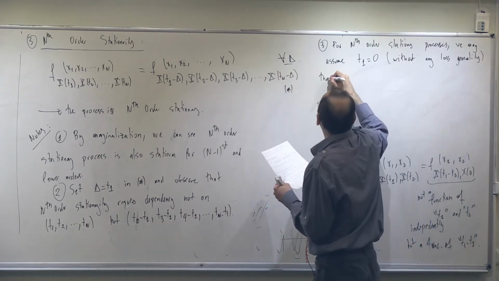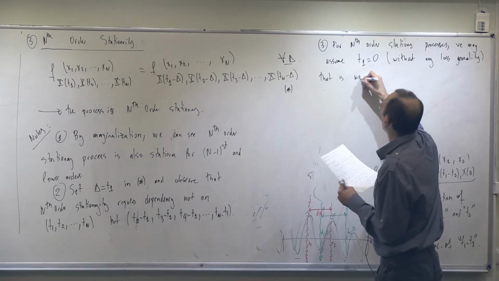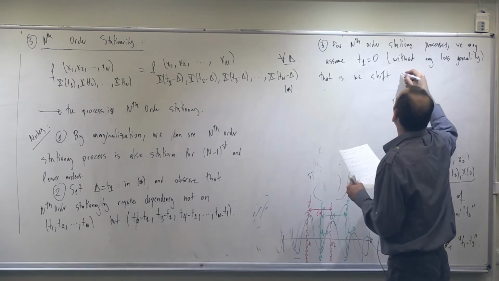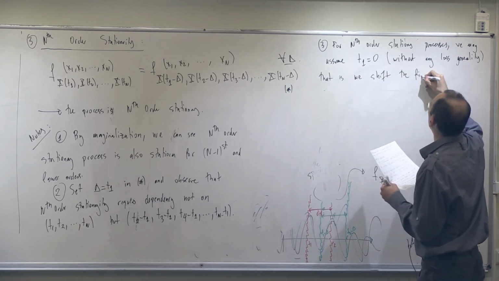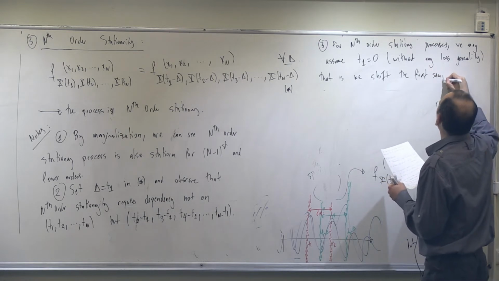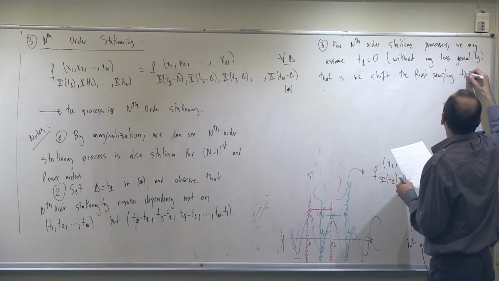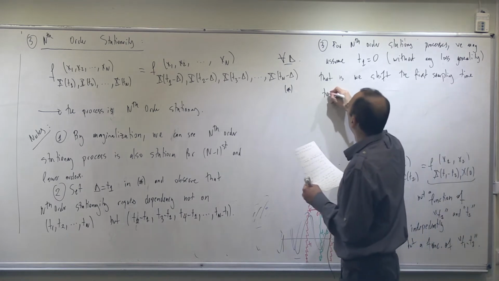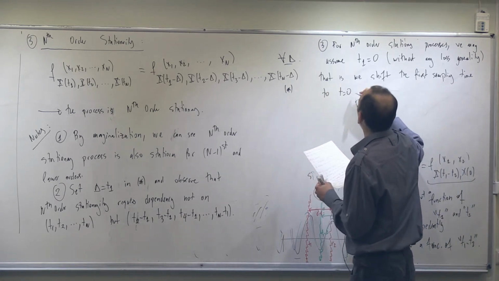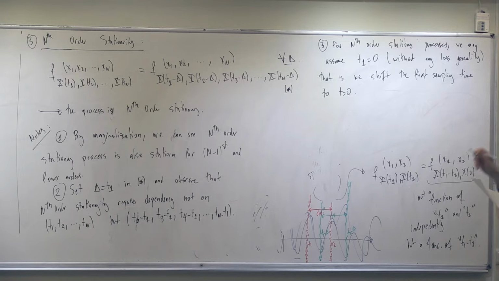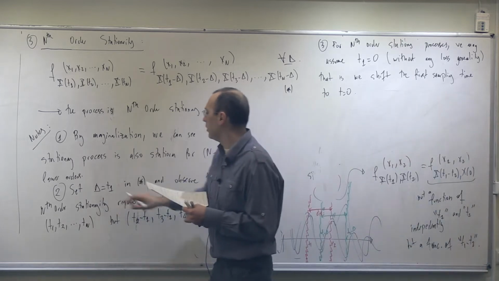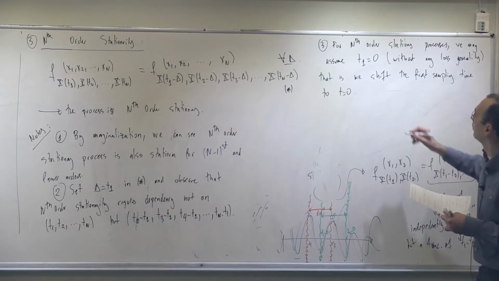That is, we shift the first sampling time to t is equal to 0. Okay? I can always do that, like again, set delta is equal to T1.